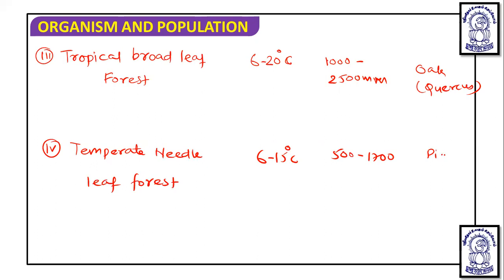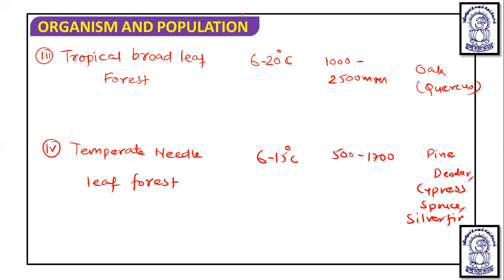And the plants which grow in this temperate needle leaf forest are pine, deodar, cypress, spruce, and silver fir. Okay, so these are the four major biomes which are found in India. Okay, so that is all about the discussion of the biomes.